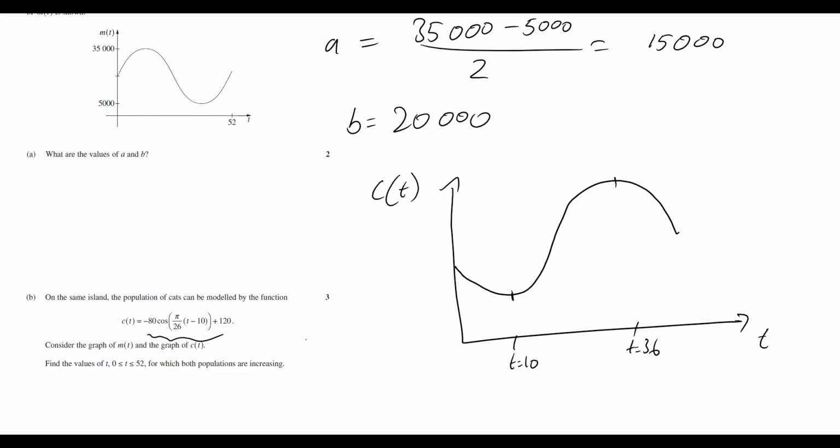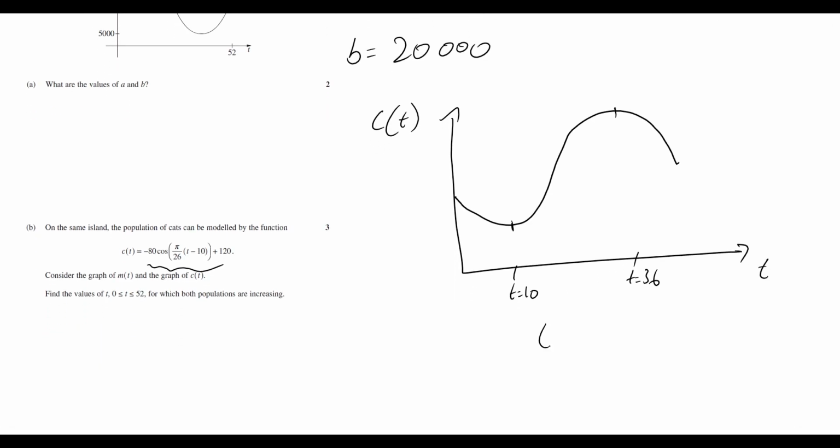And now let's see, how does that actually relate to the question? So it's asked us to find the values of t such that both populations are increasing. So what we know about our cat population now is that it's going to be increasing from t equals 10 all the way up to t equals 36. But after t equals 36 and before t equals 10, it's decreasing.